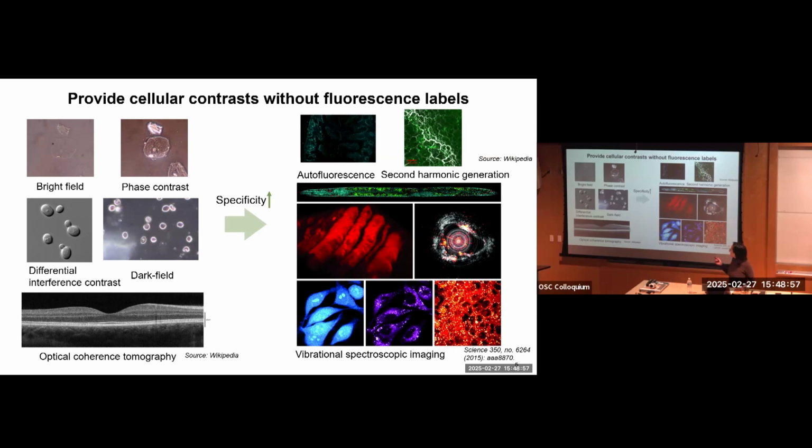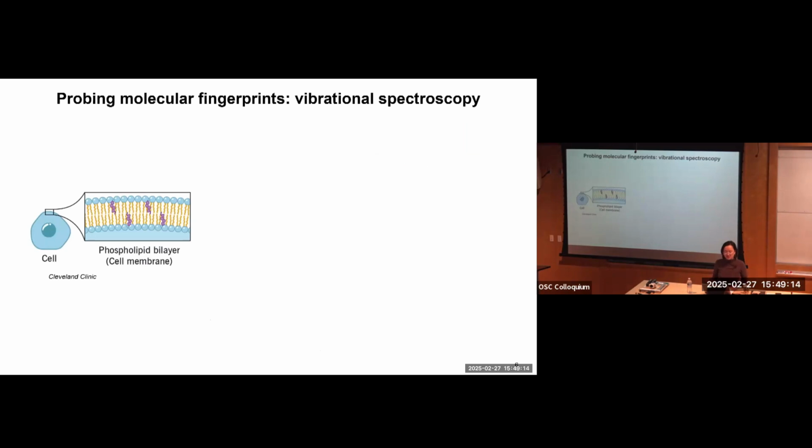Through these technologies, we can get more specificity. And among these technologies, vibrational spectroscopy imaging has emerged as a powerful tool for biology study because it provides very rich chemical information. Now let's take a look at what vibrational spectroscopy is.